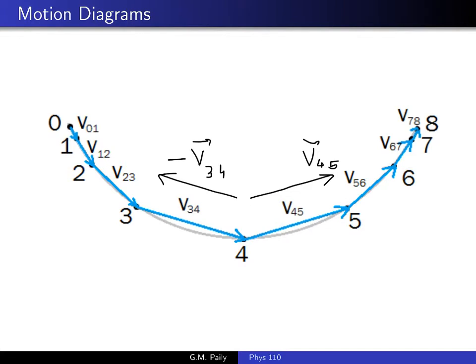If we now add these two vectors, we have v45 minus v34. The resultant, delta v, points upward. This is the direction of delta v, the change in velocity, and is thus also the direction of the acceleration at point 4.